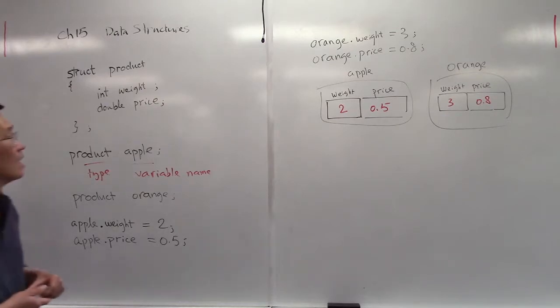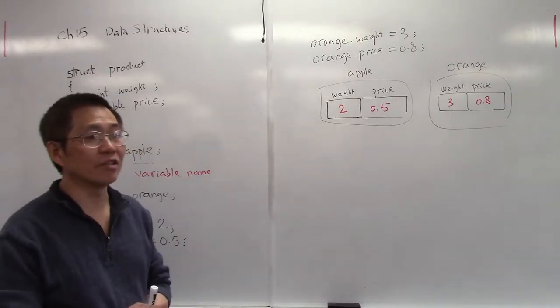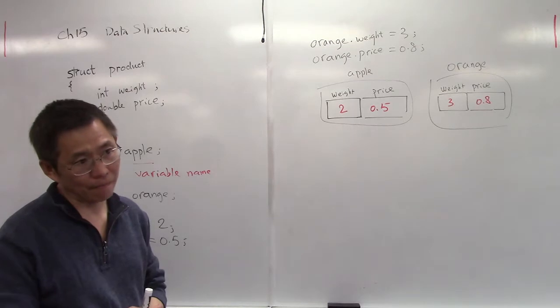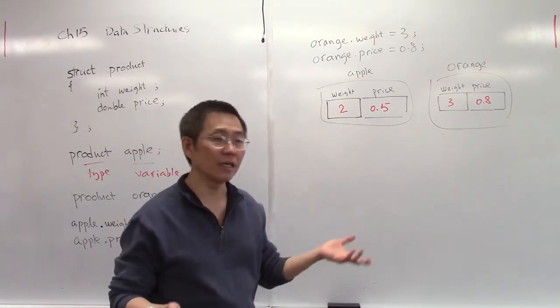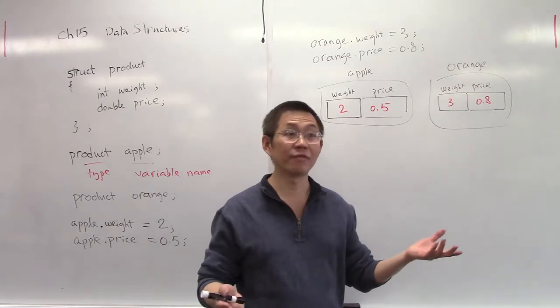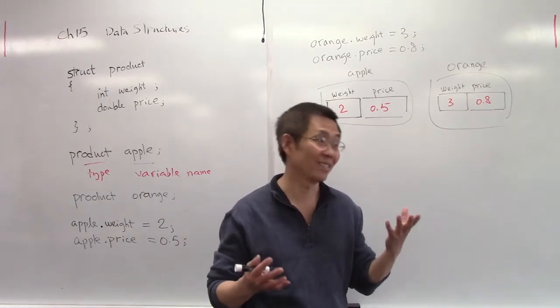Now you can see, actually, struct data type is very, very useful for record keeping. For example, when we talk about student at K-State, it seems very natural for us to define a struct type called student.